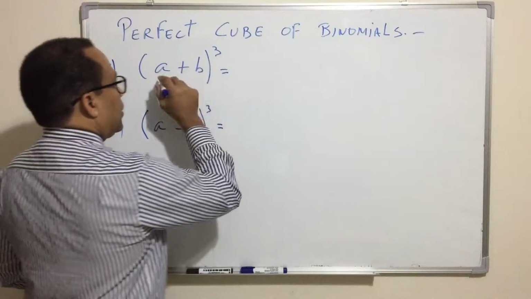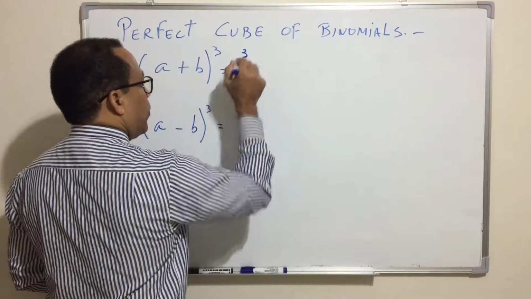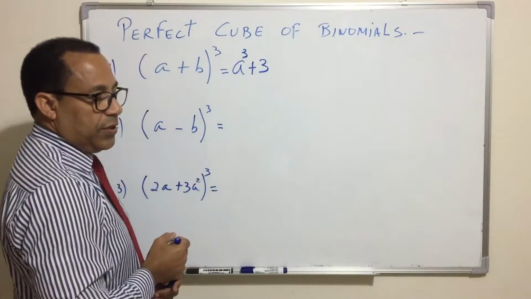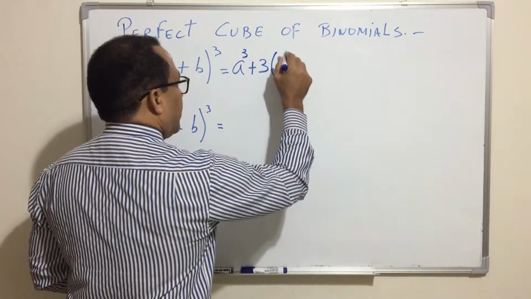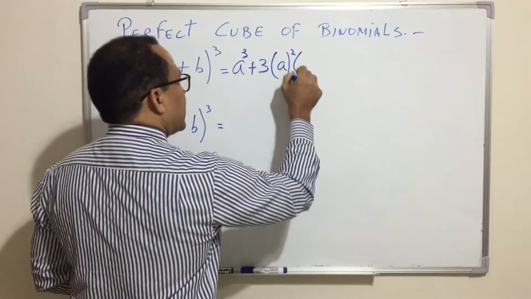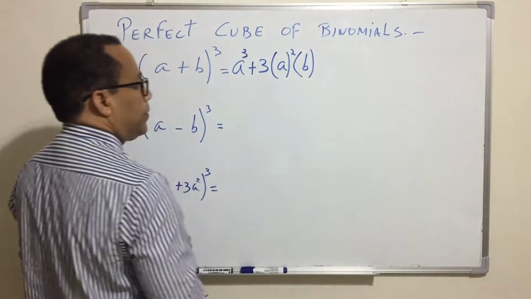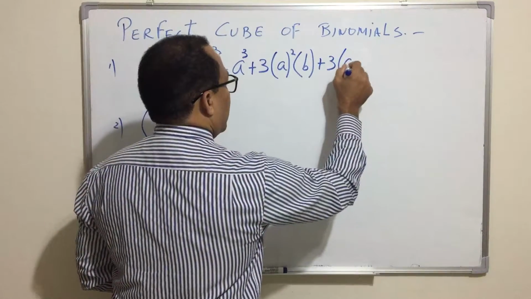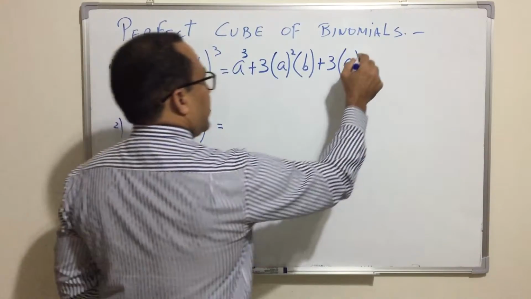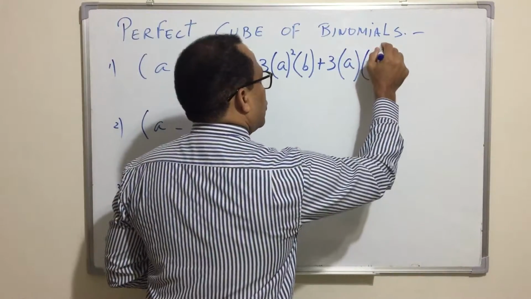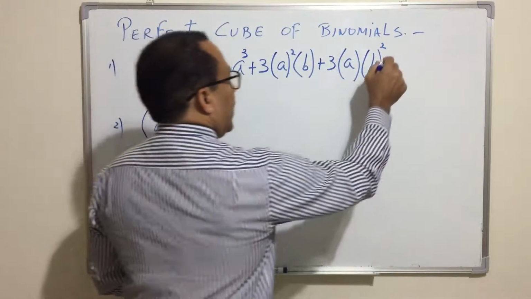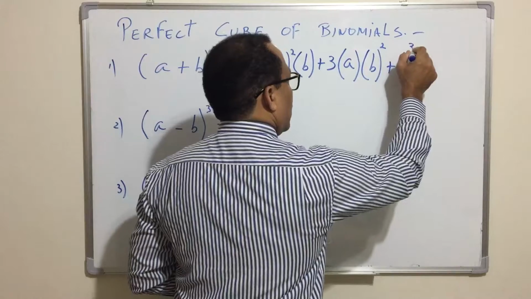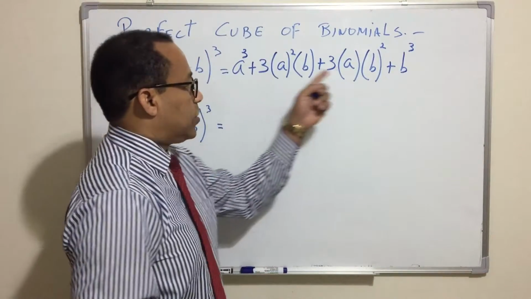The rule says the first term to the third power plus 3 times, always 3 times, the first term to the second power times the second term plus 3 times the first term times the second term to the second power, and the last one is the second term to the third power. And now we need to solve this.